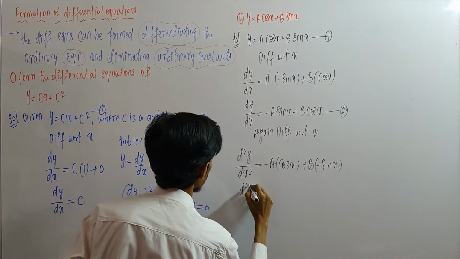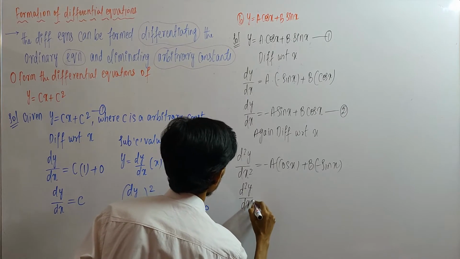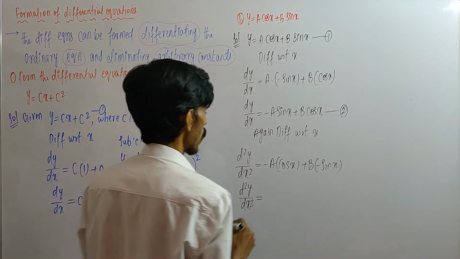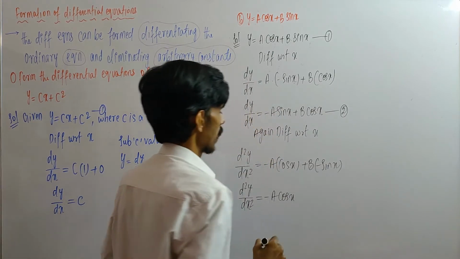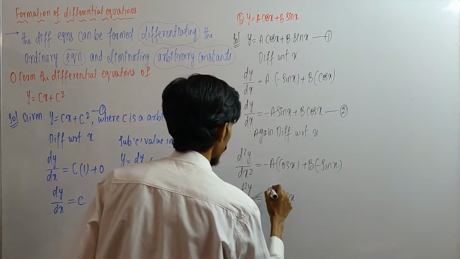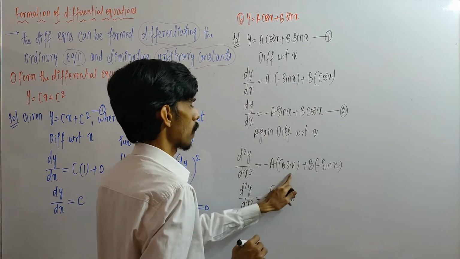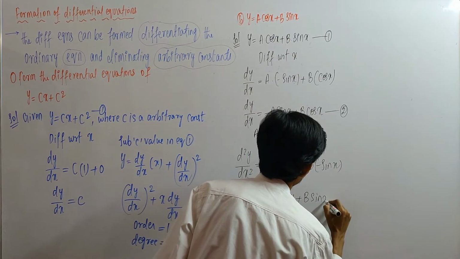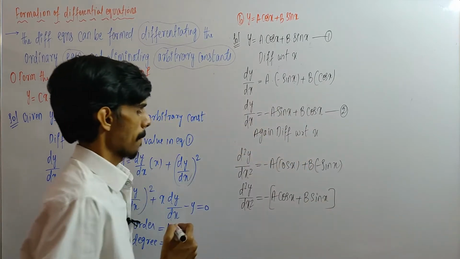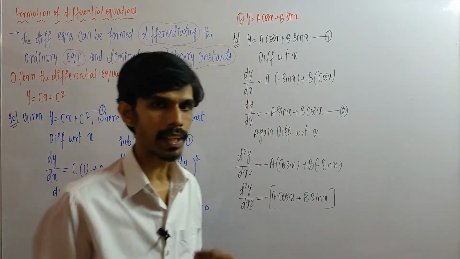So here we have d square y by dx square is equals to minus a cos x. Here we have minus minus. Take this minus common. We have a cos x plus b sin x.